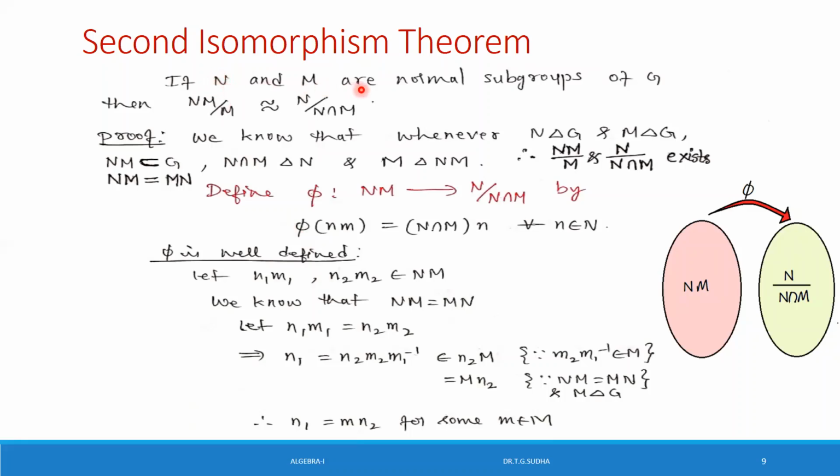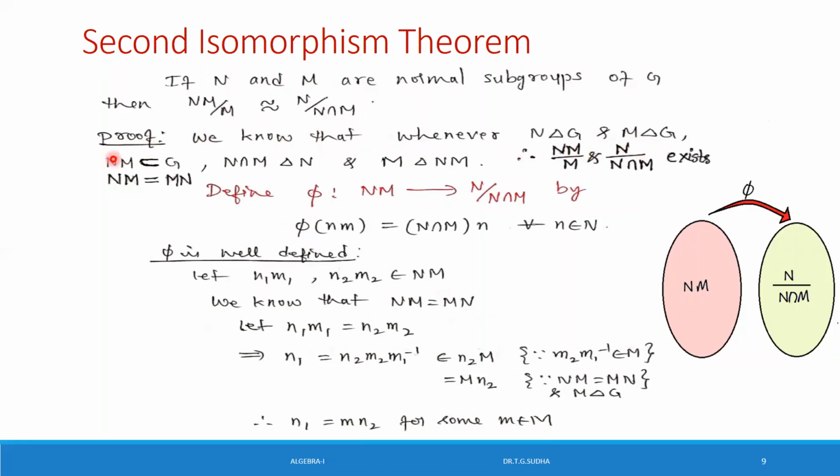If N and M are normal subgroups of a group G, then we are required to prove that NM/M is isomorphic to N/N intersection M. We know that whenever N is normal in G and M is normal in G, we have proved these results.